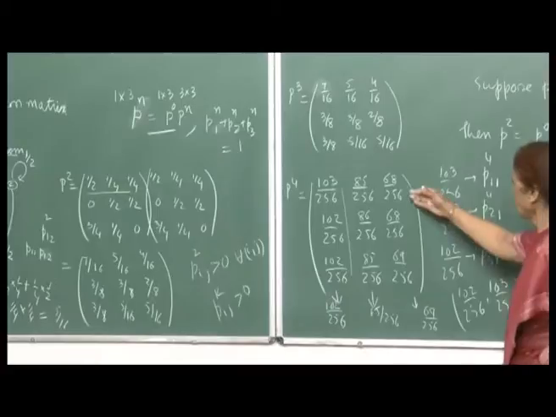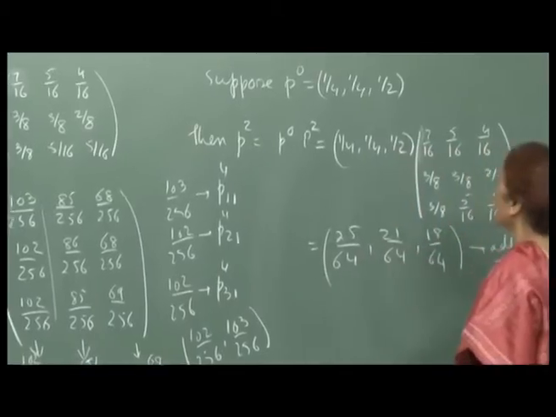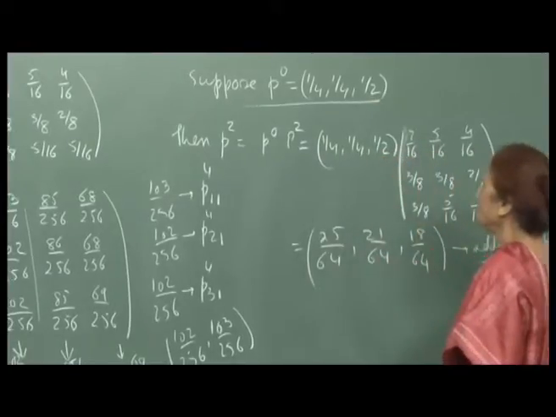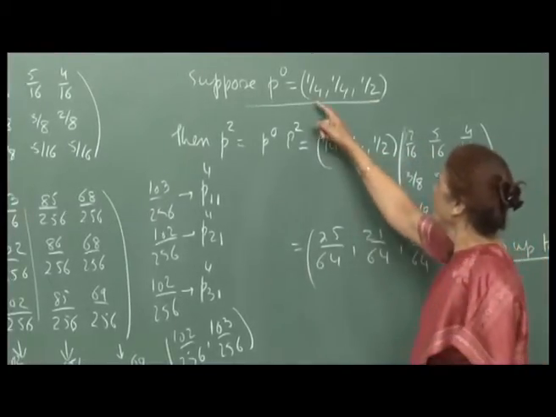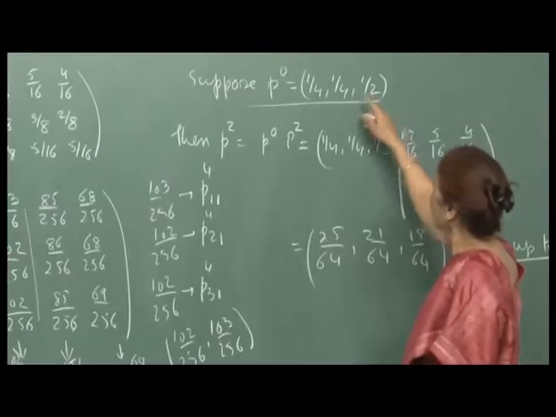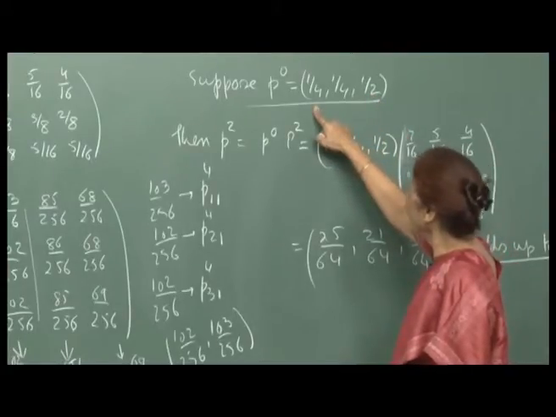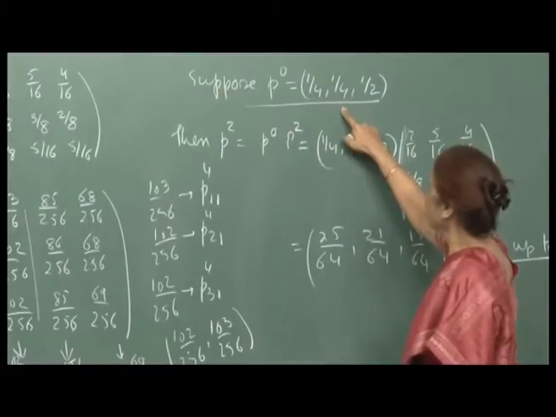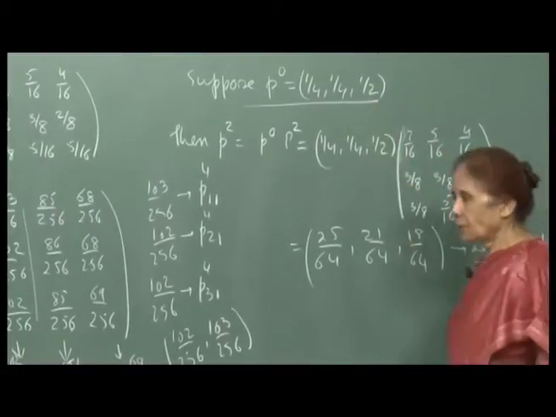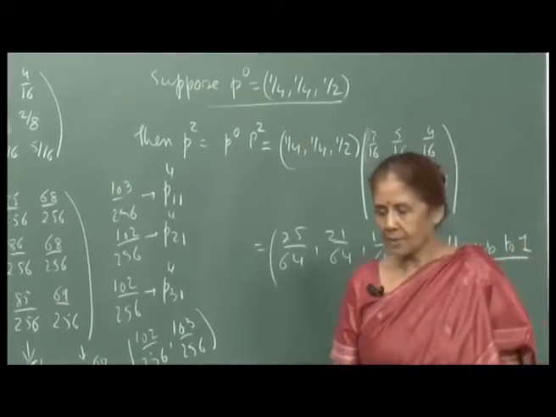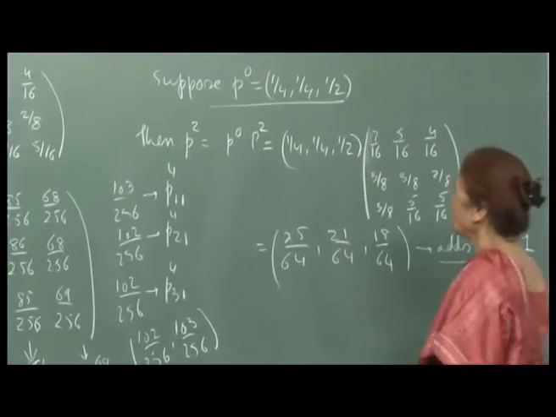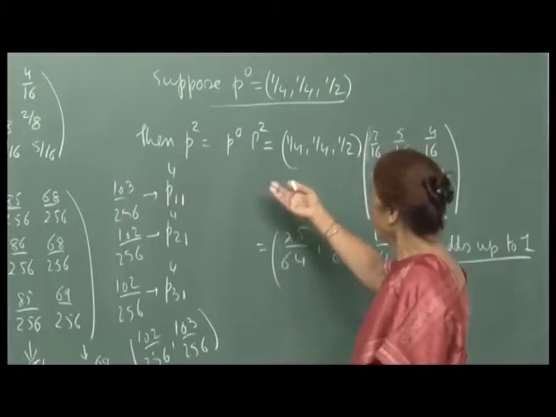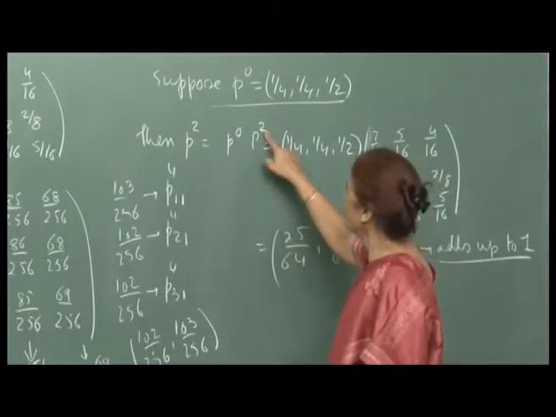Now suppose for this job assignment problem, your initial probabilities are given by 1 by 4, 1 by 4, 1 by 2. That means the probability of being in production is 1 by 4, the probability of being in HR is 1 by 4, and the probability of being in sales is half. Then you want to ask what are the probabilities of being in state 1, 2 or 3 after 2 transitions.